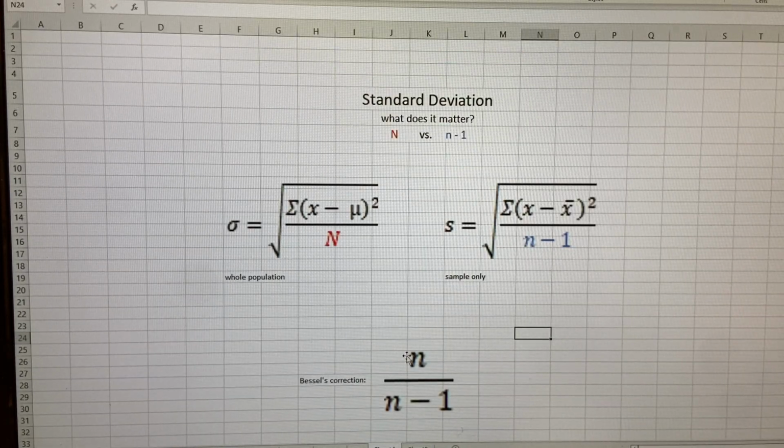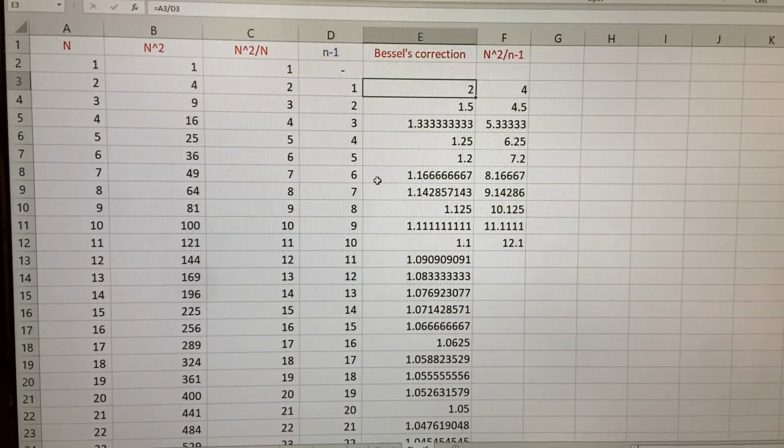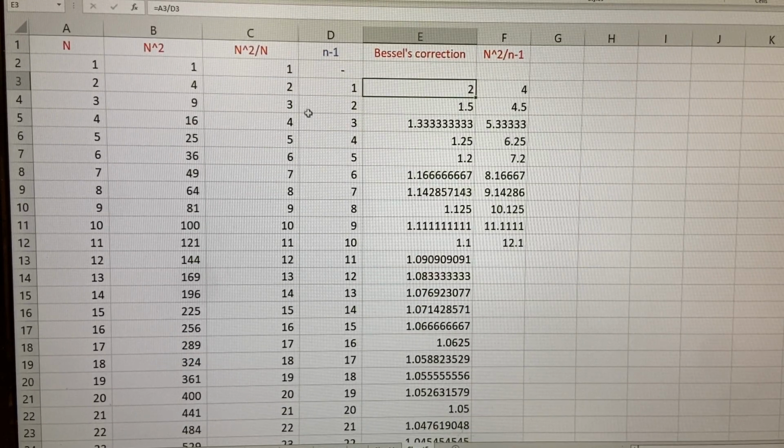And Basil's correction says that this is twice this fraction here. Say I think I started with 30 over 30 or 30 over 29, whatever, it increases the fraction, gives us fractions greater than 1, and here this greater than 1 is 2 or 1.5 or 1 1/3 and 25% more than 1, 20% more than 1. So if you look at the numbers this way, here is 3 and here is 4.5, and 4.5 is 1.5 times more than 3, and 4 is 2 times more than 2.